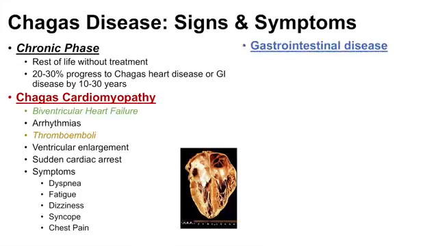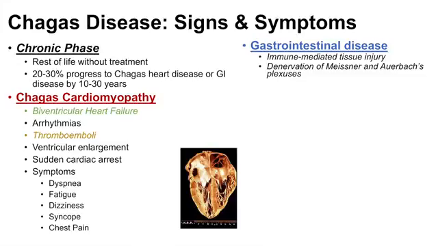Now, with regards to the gastrointestinal disease as part of Chagas disease, it is an immune-mediated tissue damage. So the immune system becomes activated and literally damages the gastrointestinal tissues of the patient. It leads to denervation of the Meissner and Auerbach's plexuses.